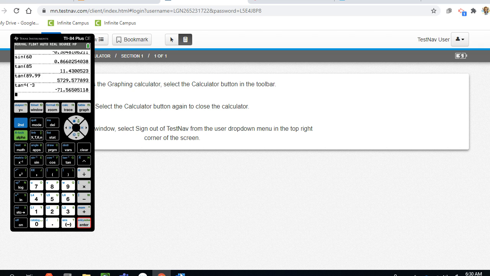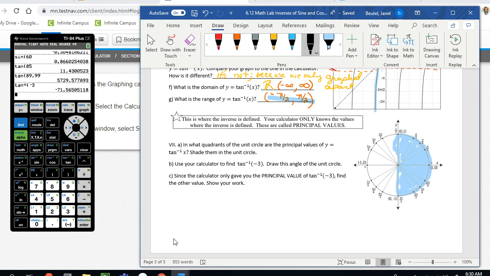Let's call that -72. So if this is at -72 degrees, -72 is down here past 60, somewhere in here. Okay, I probably put it over too far, and that's okay.